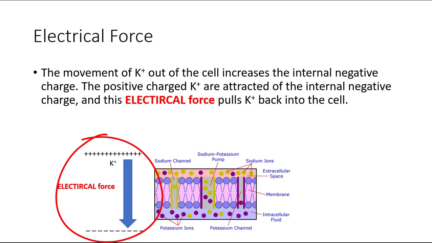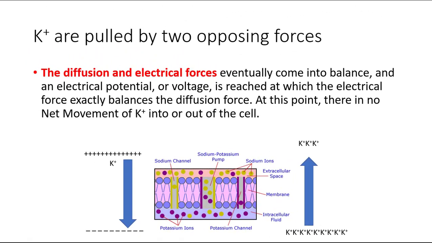The positively charged potassium is attracted to the internal negative charge, and this electrical force pulls potassium back into the cell. The diffusion and electrical force eventually come into balance, and an electrical potential or voltage is reached at which the electrical force exactly balances the diffusion force. At this point, there is no net movement of potassium into or out of the cell.